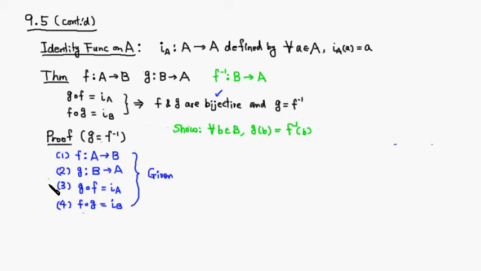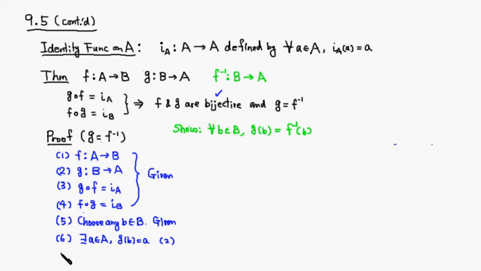So let's start with the same givens. Line 5, choose any b in B, so that's given. Then line 6, since g is a function from B to A, there exists an element a in A such that g of b is equal to a.